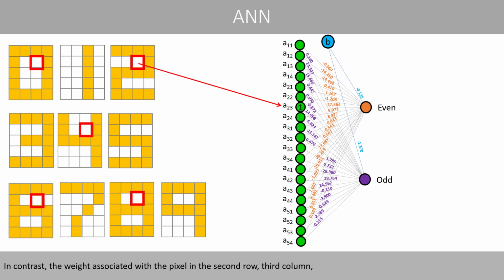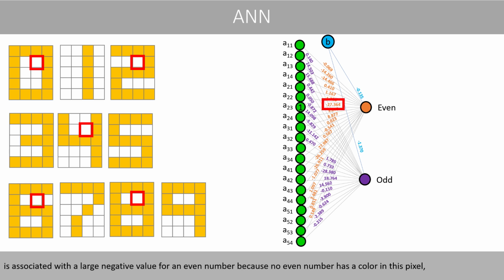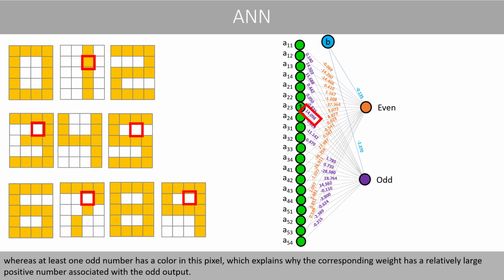In contrast, the weight associated with the pixel in the second row, third column, is associated with a large negative value for an even number because no even number has a color in this pixel, whereas at least one odd number has a color in this pixel, which explains why the corresponding weight has a relatively large positive number associated with the odd output.